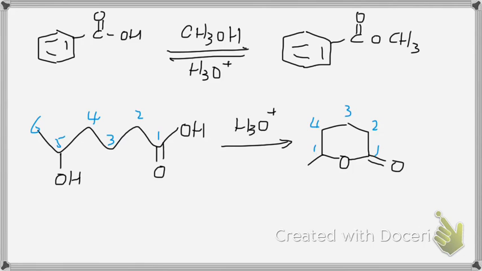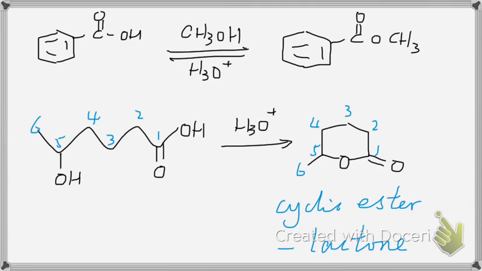If we label the carbon atoms, it probably will be easier for you to see how the ring is constructed, right? Okay, a 6-membered ring involving carbon 1 through 5 as well as the oxygen. So the final product here is a cyclic ester. We also call it a lactone. Okay, so lactones are cyclic esters.